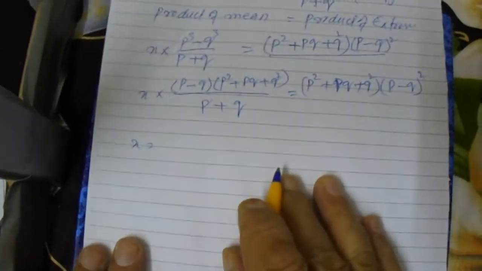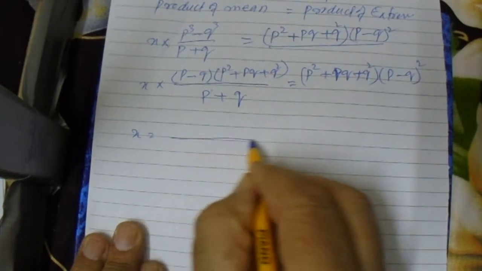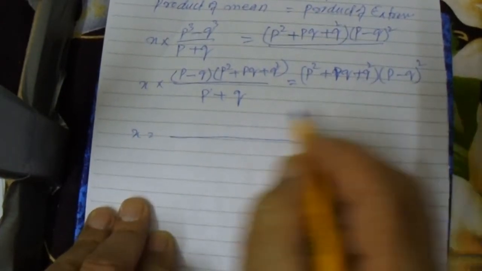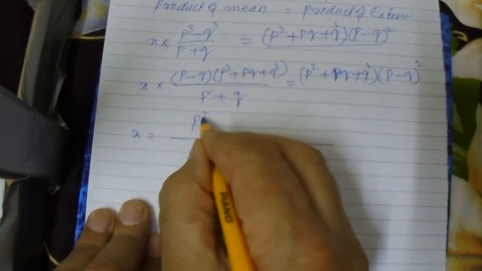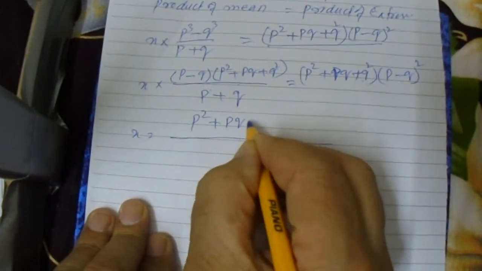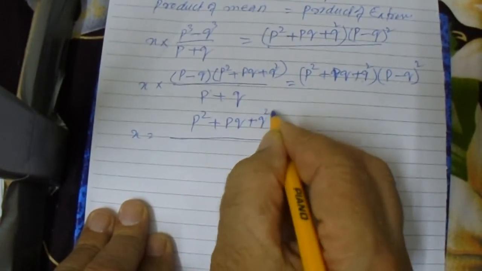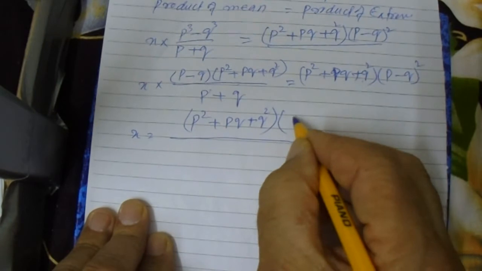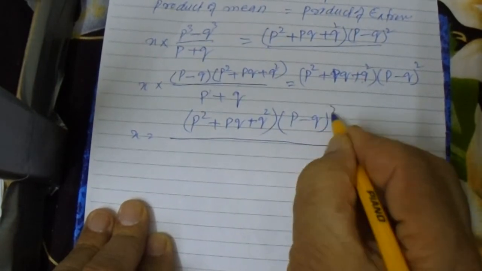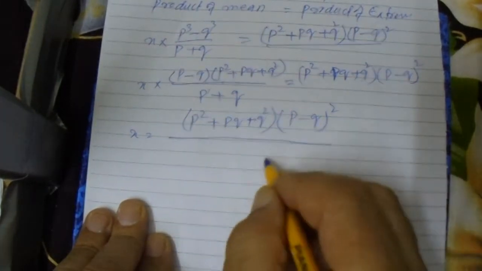X is equal to, we write this multiply by P square plus PQ plus Q square, and multiply P minus Q whole square. Now this will become the denominator of this.